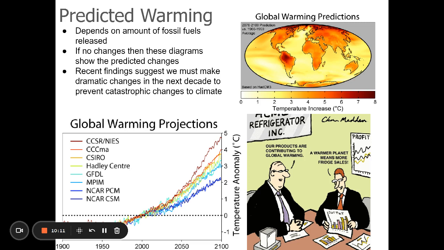So there are different scenarios depending on what actions humans take. The other important thing is that different countries contribute to climate change in different amounts. Some countries release huge amounts of carbon dioxide and use huge amounts of energy. Other countries less so.